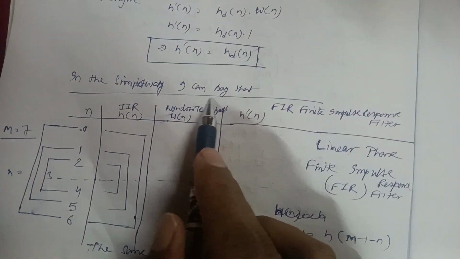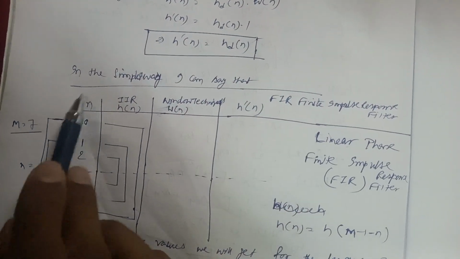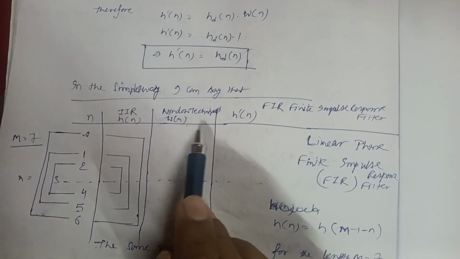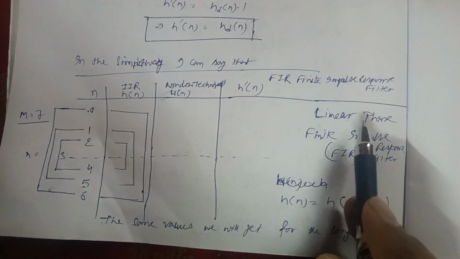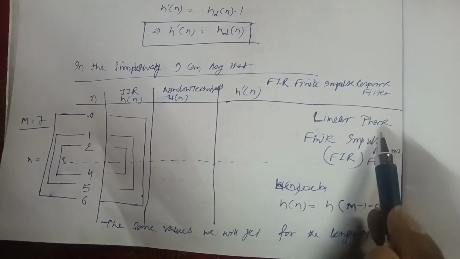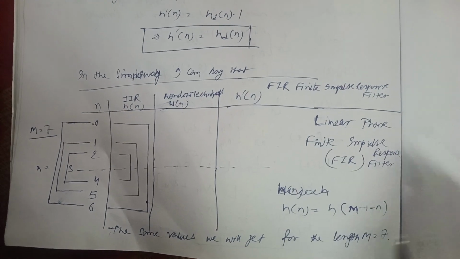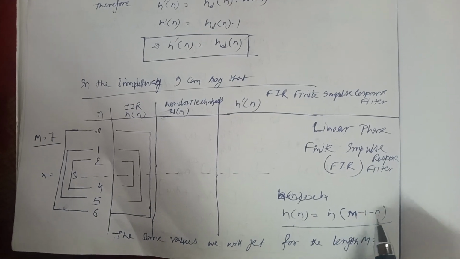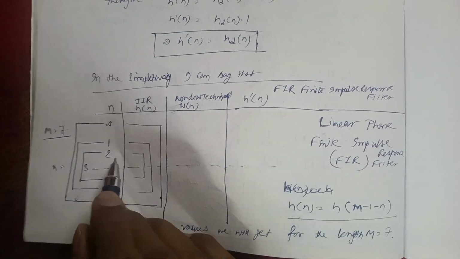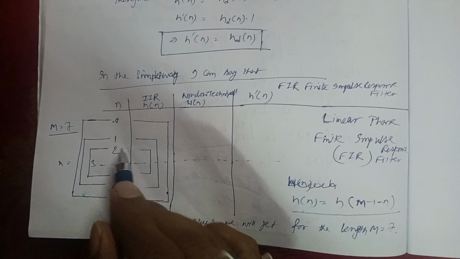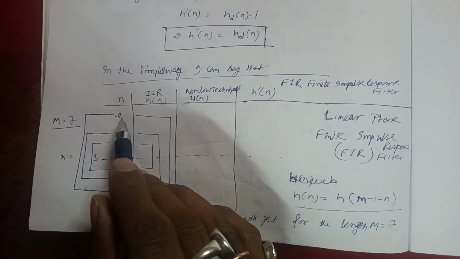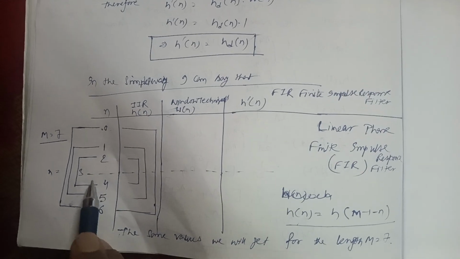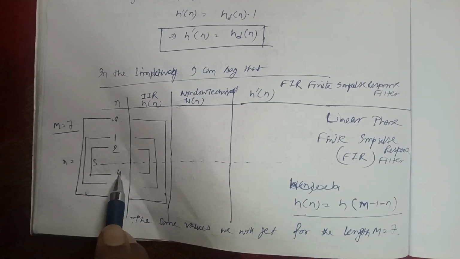In the simplest way, suppose H is the impulse response of this FIR filter, and this is my window technique, H dash of n. When it is a linear phase finite impulse response filter, H of n equals H of M minus 1 minus n. Suppose we have 7 samples, 0 to 6: 0, 1, 2, then 3 is the middle position, and then 4, 5, 6.